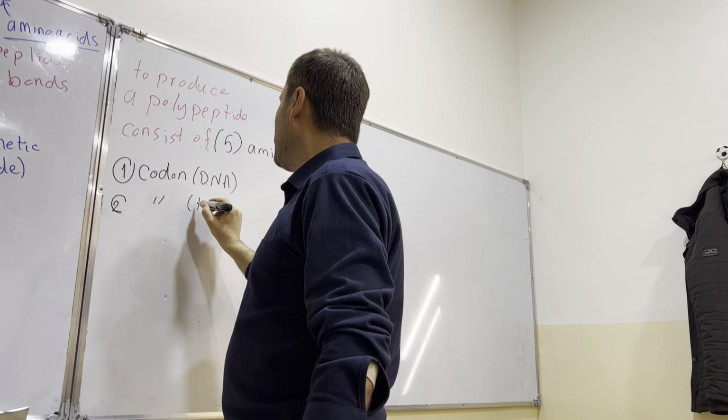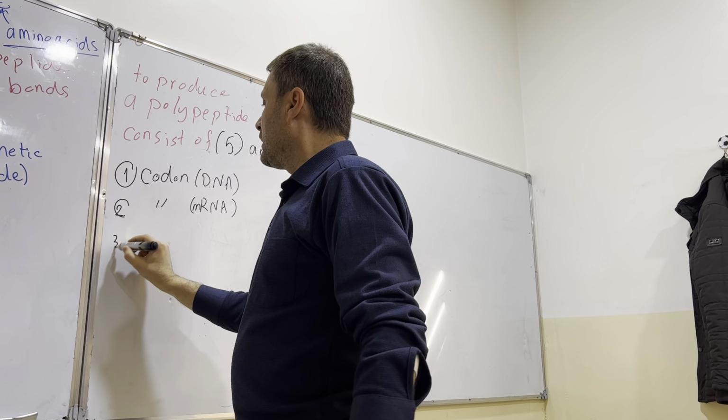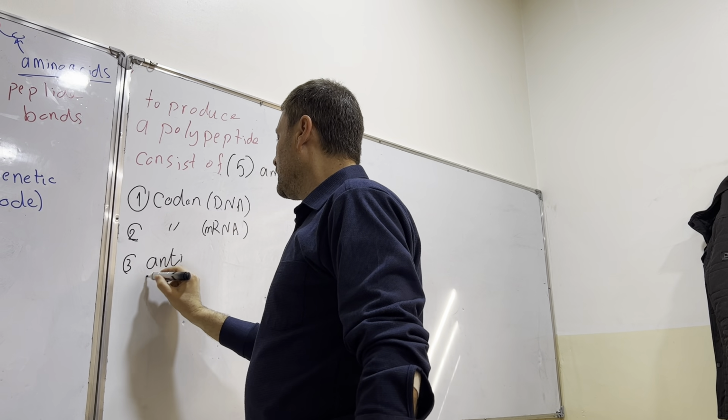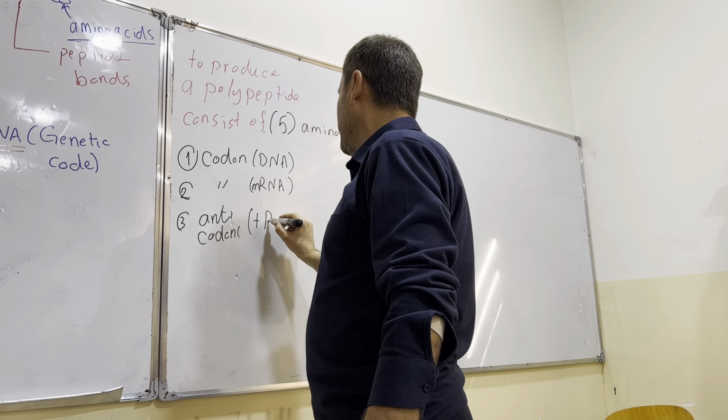Let's say mRNA: 10 codons. Let's say tRNA: you need 10 anticodons. Who can tell me?